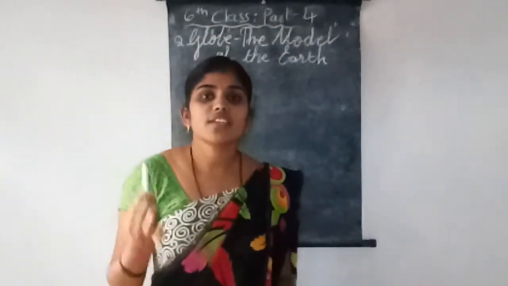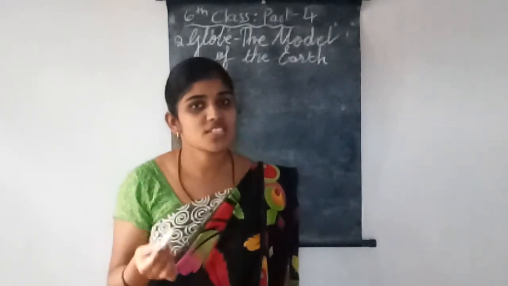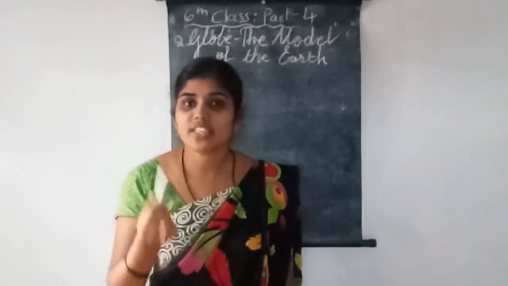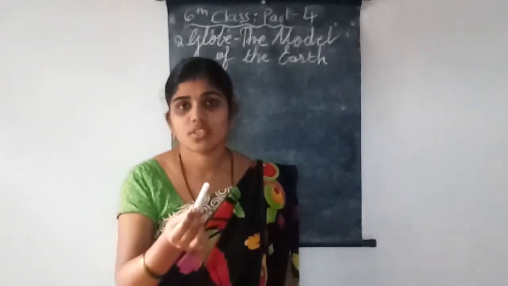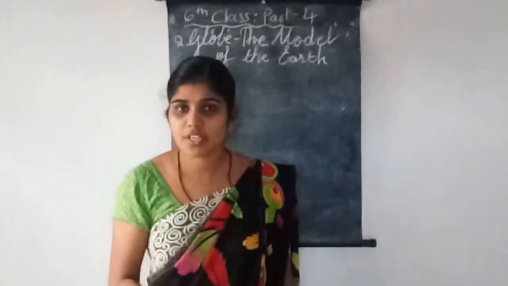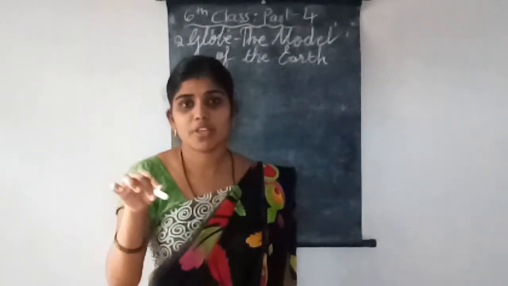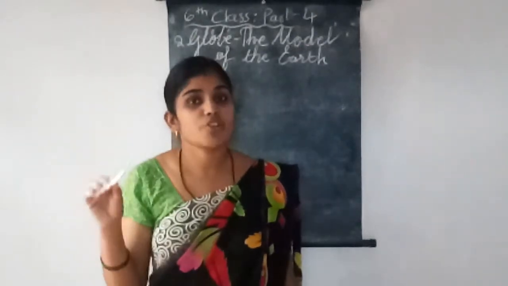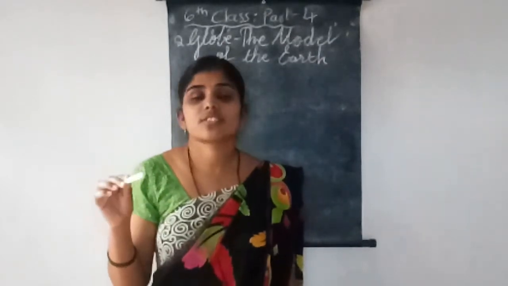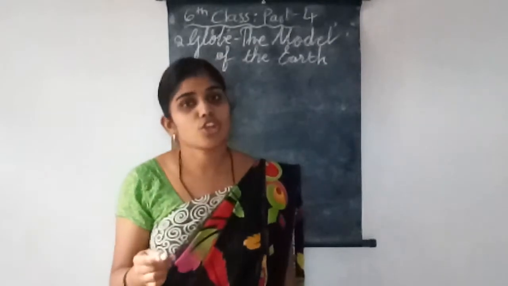And the important latitudes: 0 degrees latitude is called the equator, which is passing in the middle of the earth. This equator divides the earth into two halves called hemispheres, the northern hemisphere and the southern hemisphere. Going to the northern hemisphere, Tropic of Cancer 23 and a half degrees N, Arctic Circle 66 and a half degrees N, 90 degrees N North Pole.